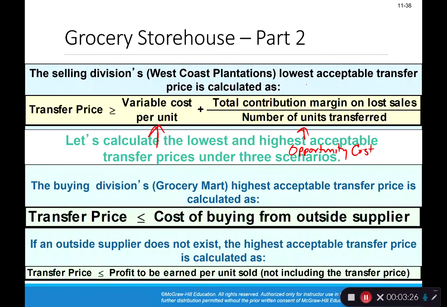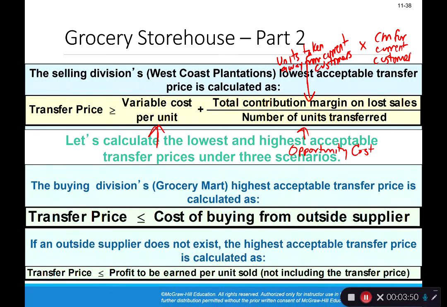So in order to figure out this numerator part, what you're going to do is figure out the units taken away from current customers to make the deal internally times the CM for current customers.